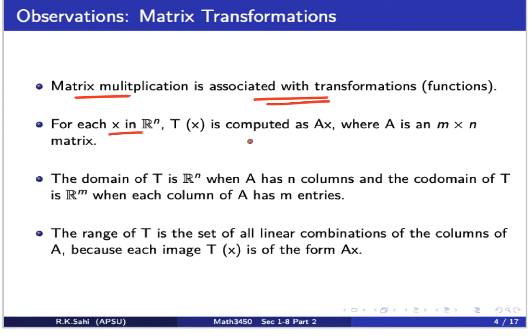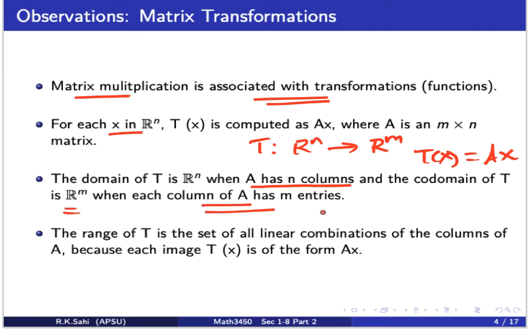Keep this in mind whenever we are talking about a matrix transformation: the domain of this transformation is an n-dimensional space, which has connection with the number of columns the corresponding matrix A has. And the codomain of T is Rm when each column of A has m entries. Now the range of T is the set of all linear combinations of the columns of A.